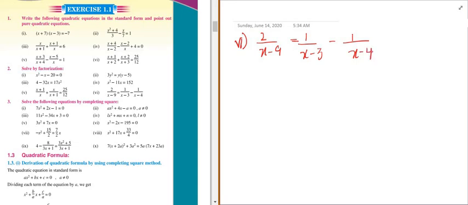Similarly, you can take the LCM on both sides, then add and subtract, and by cross multiplication you will get the quadratic equation. Okay, let's do this.